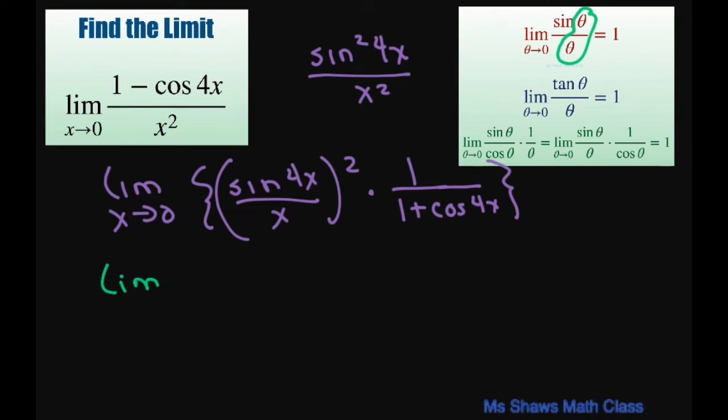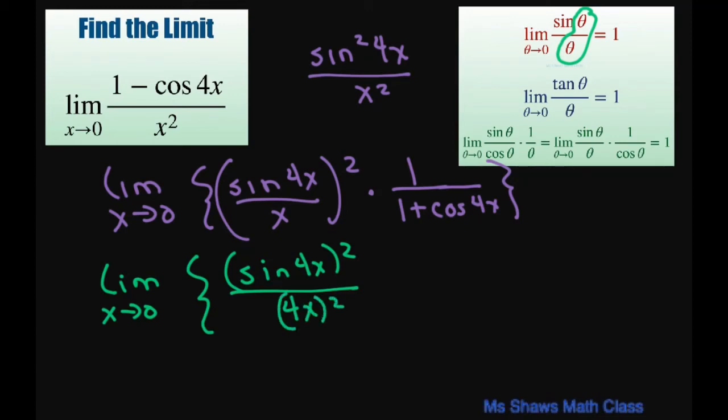So I have the limit as x approaches 0, and I'm going to have sine of 4x, and this is squared, and in the denominator we have a square. So what I can do is write this as (4x) squared. The square is already x, but to put that 4 there, I'm going to have to multiply the numerator by 4 squared as well.